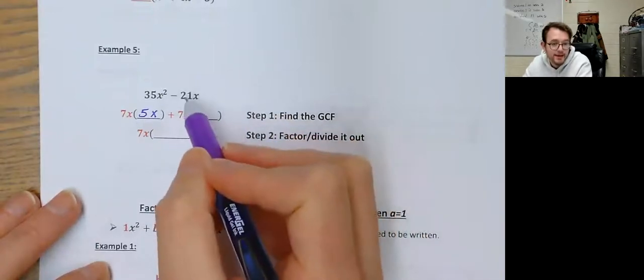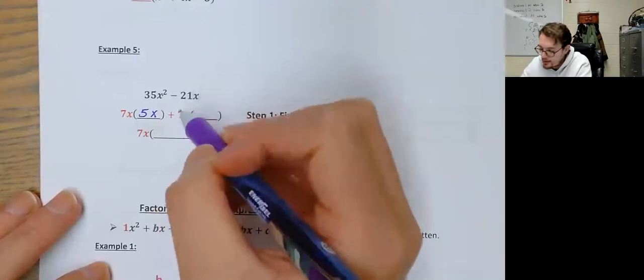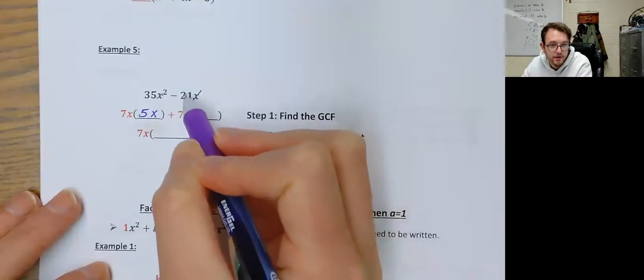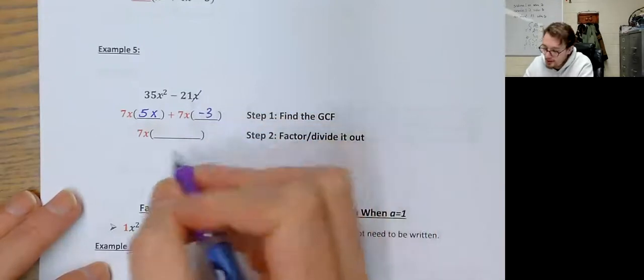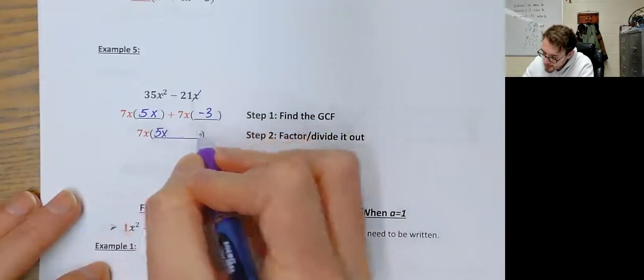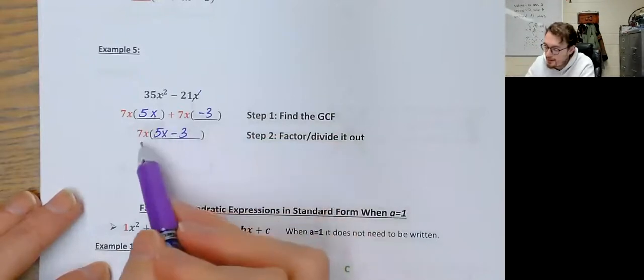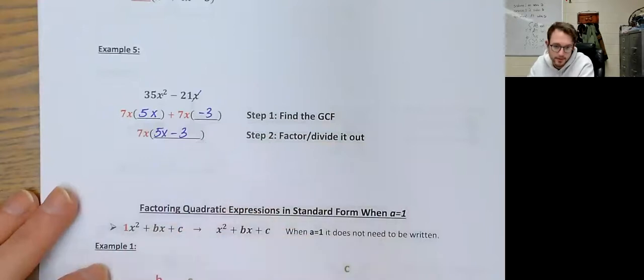What is negative 21x divided by 7x? Well, the x's cancel out. And negative 21 divided by 7 is negative 3. So I am left with 5x minus 3. So that is my factored form, 7x times 5x minus 3.